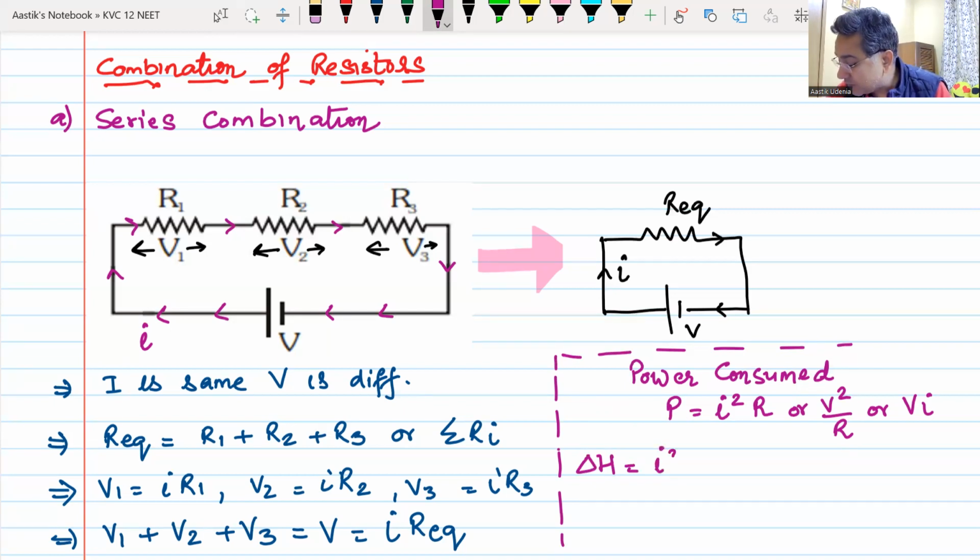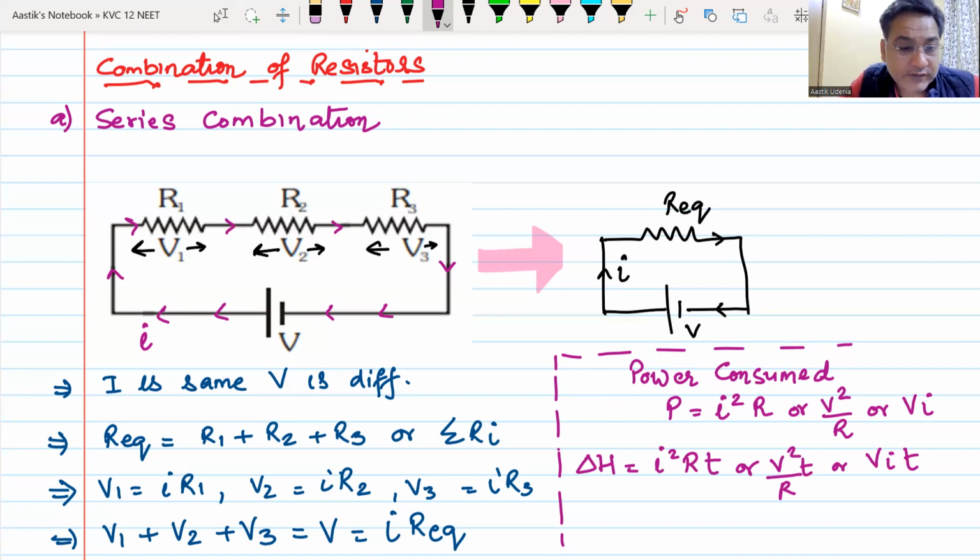So it will become I square R into T, where T is your time, or you can write it as V square by R into T, or you can write it as V I T. Everyone understands what we have written here? Now remember these formulae, and we will be using them.